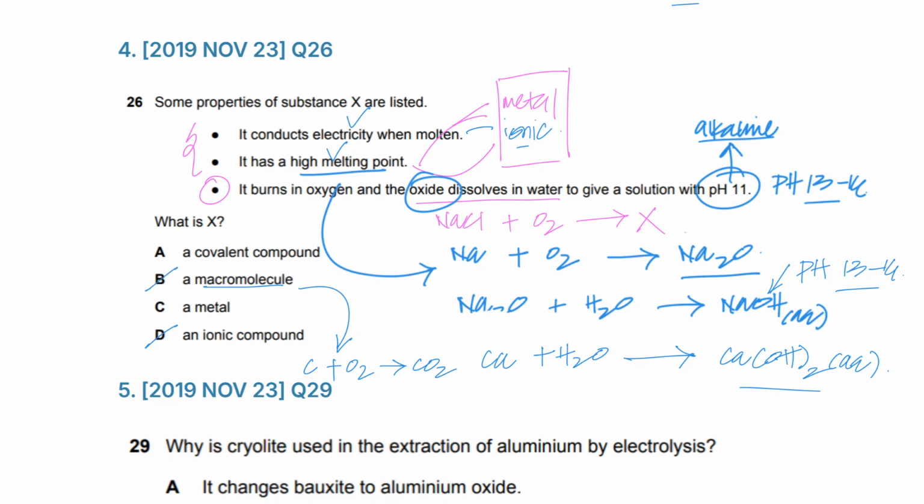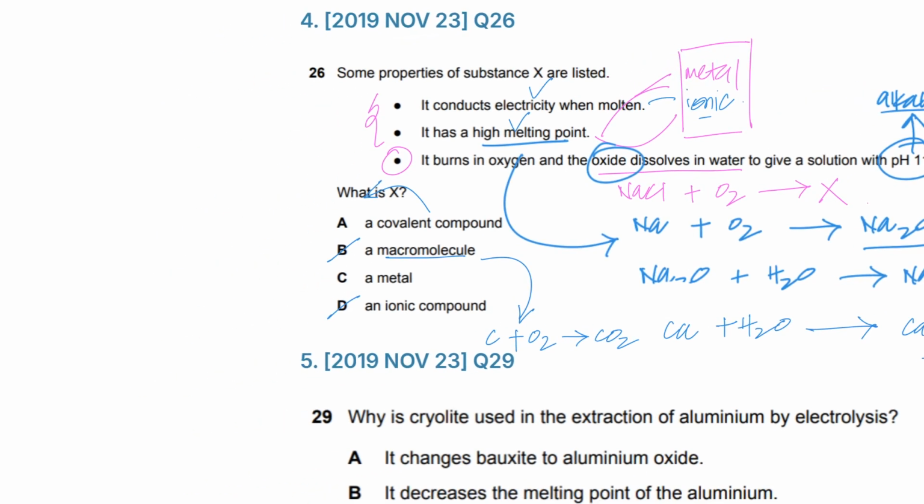A covalent compound, for example, I take SO2 as a covalent compound. First of all, covalent compounds, if they are not macromolecules, are not going to have high melting points. So you could eliminate A with that idea.